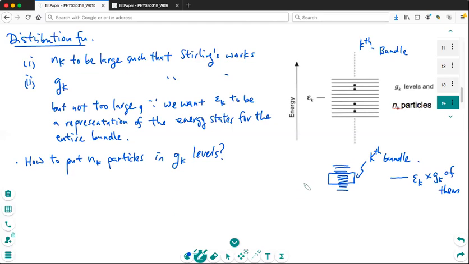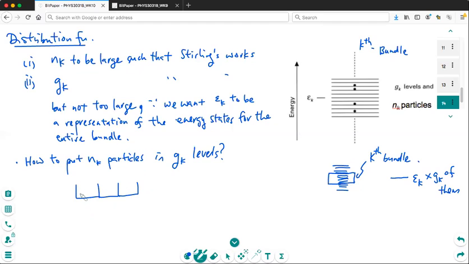And this is just like the coin problem, the head and tail problem. Why? Now, if you have three energy levels, pictorially, how do you draw three boxes? You can draw three boxes like this: one box, two box, three box. These are my energy levels. I have N sub K particles. I don't know how many. I need to distribute among them.